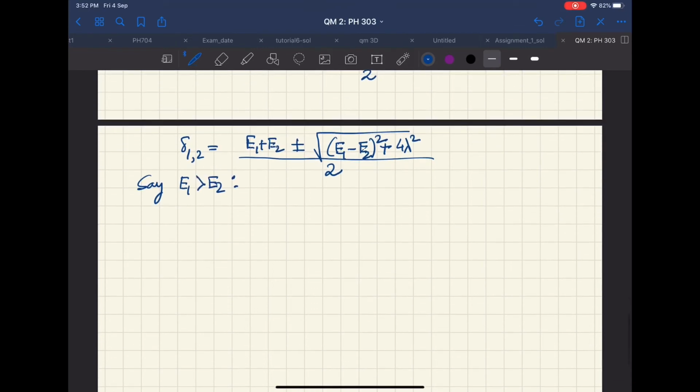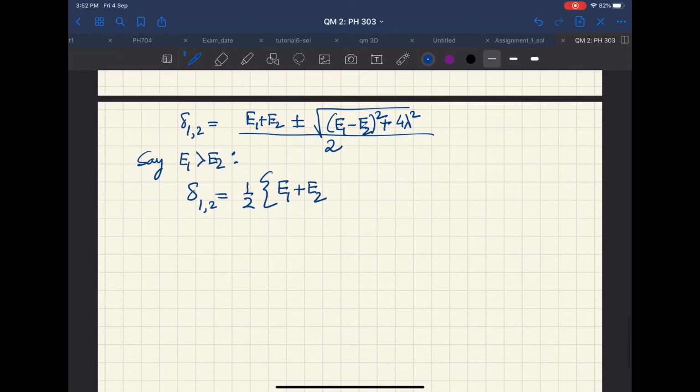Then what happens? Delta 1, 2 will simply be half of e1 plus e2 plus or minus the square root of e1 minus e2 whole square, which I will expand: 1 plus 4 lambda squared by (e1 minus e2) whole square, to the power half.